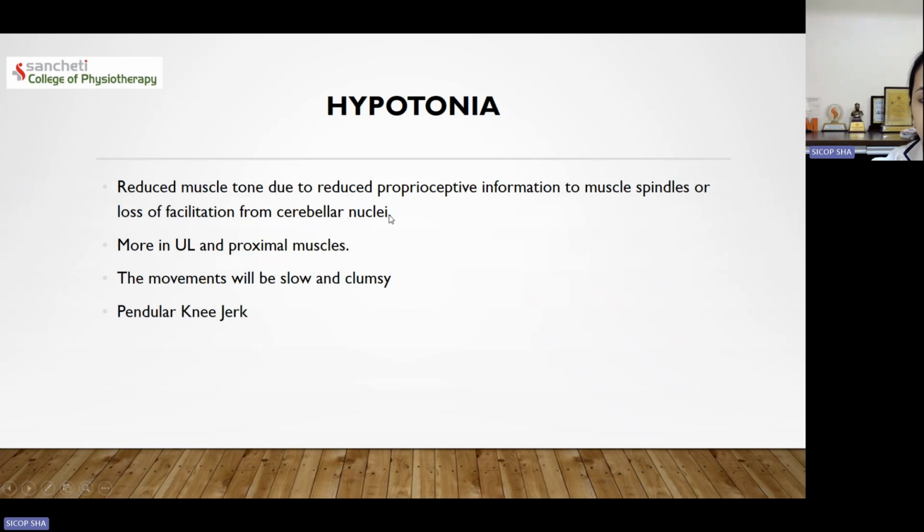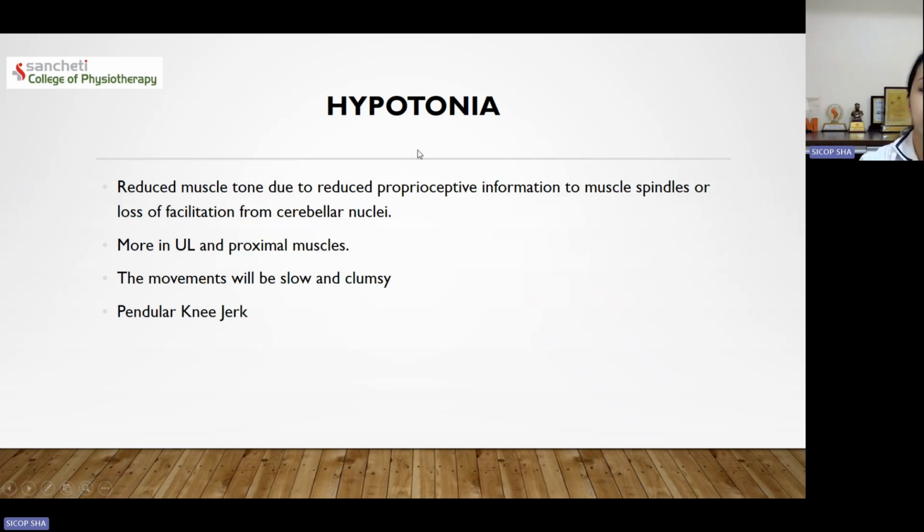We have cerebellar nuclei, the dentate nuclei and fastigial nuclei. When there is reduced firing from these nuclei to the muscles, we see reduced muscle tone. Also, our muscles are simultaneously getting proprioceptive information, and this proprioceptive information to the muscle spindles also gets affected in cerebellar patients. That's why both these things contribute to hypotonia.